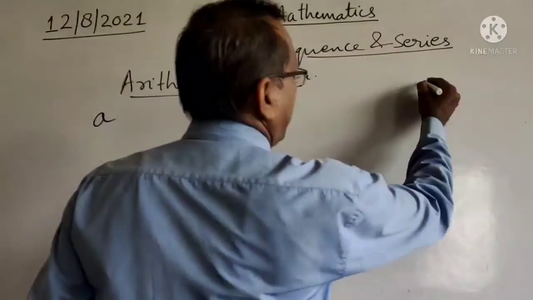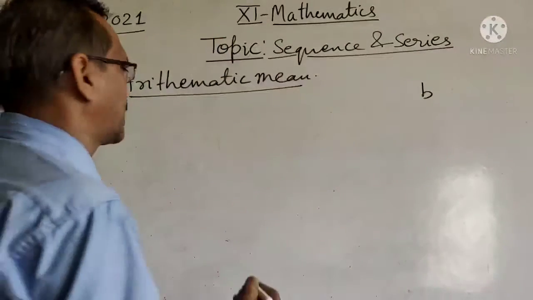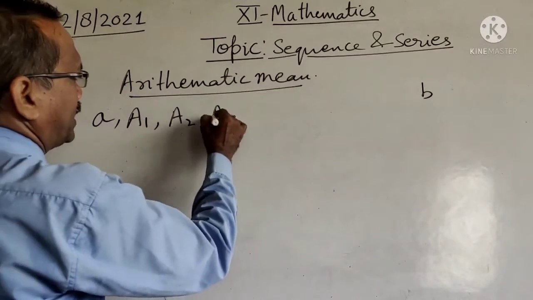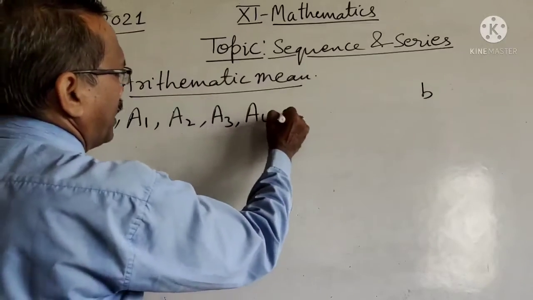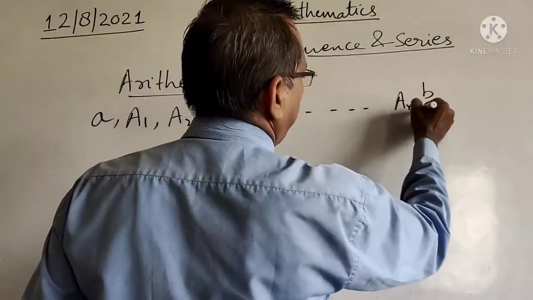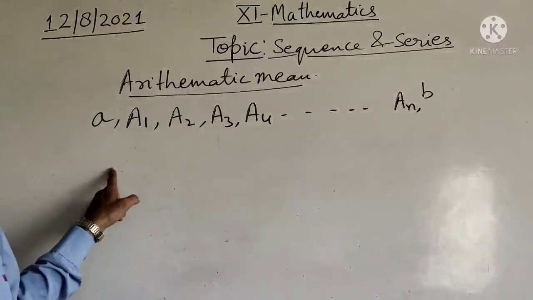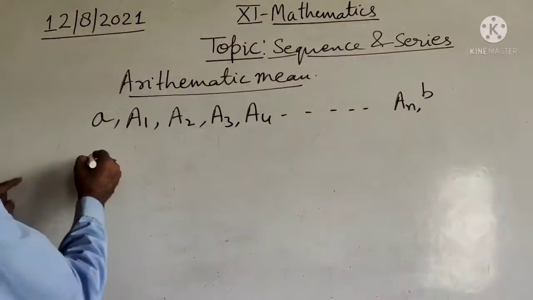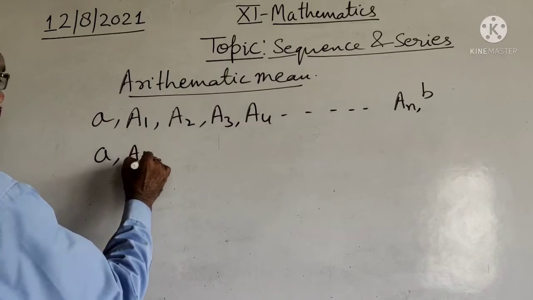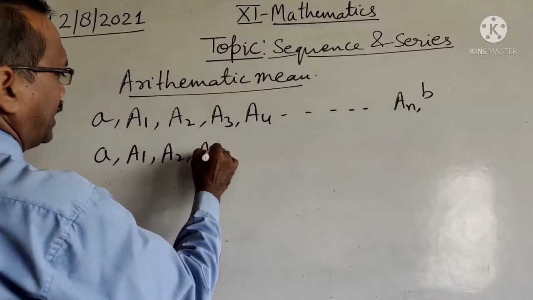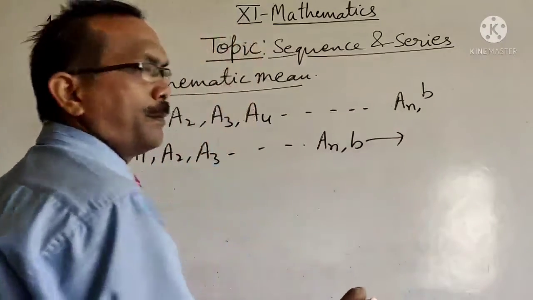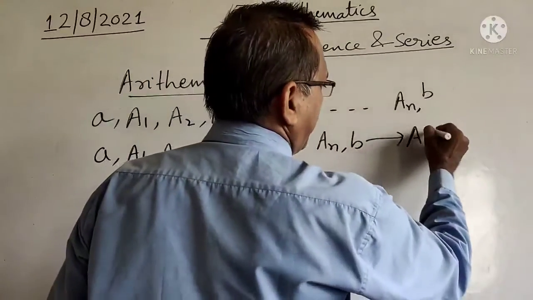Let A and B are two given numbers and A1, A2, A3, A4 till An are n arithmetic means between A and B. Then A, A1, A2, A3 and so on, An and B, they form an AP.